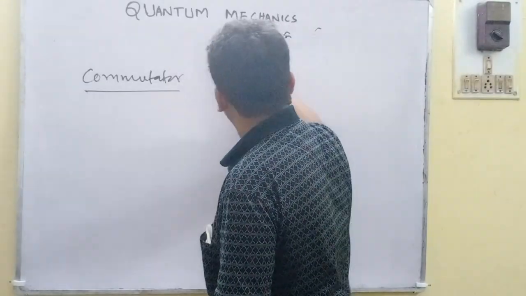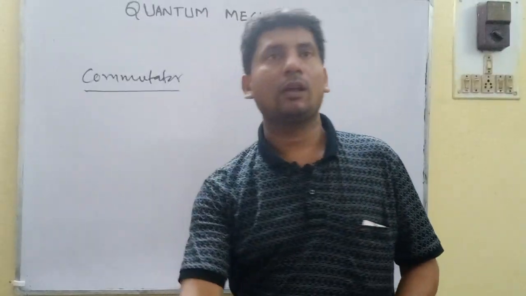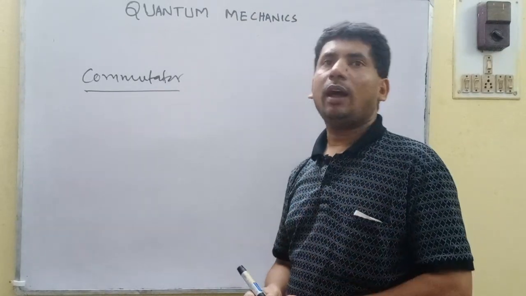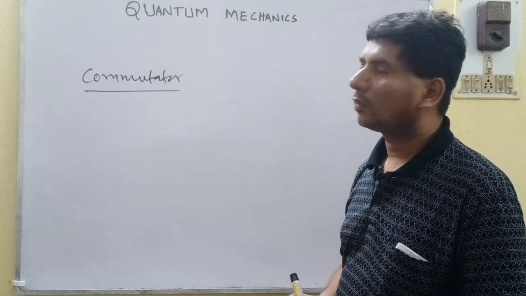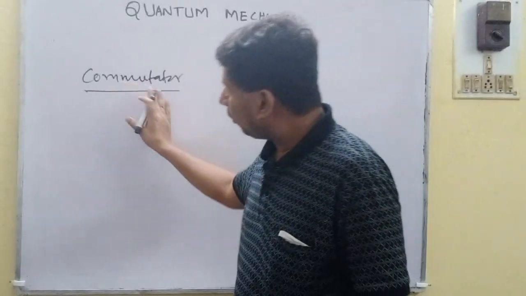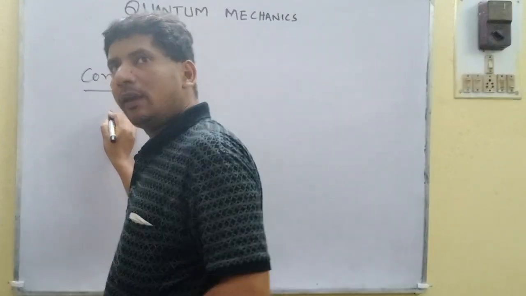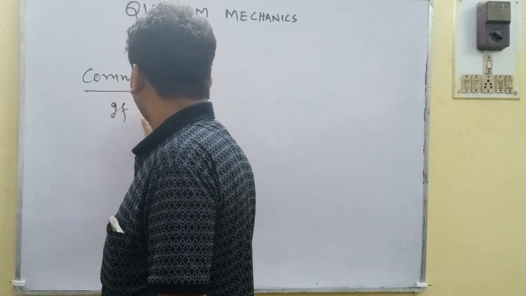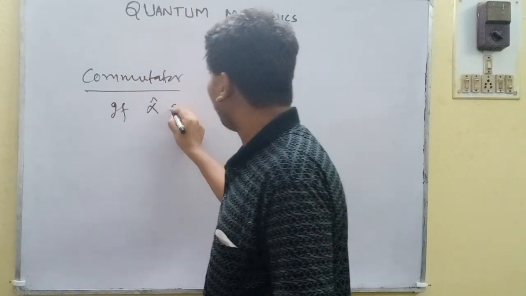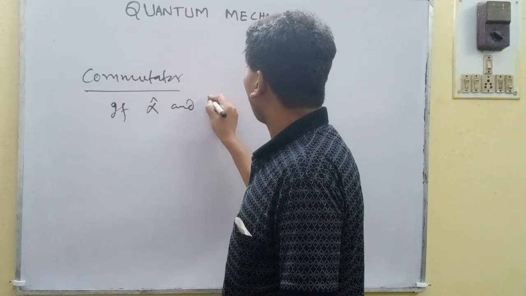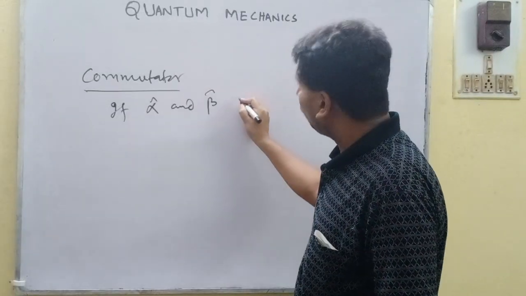Let us consider two operators alpha and beta. Now we define the commutator.